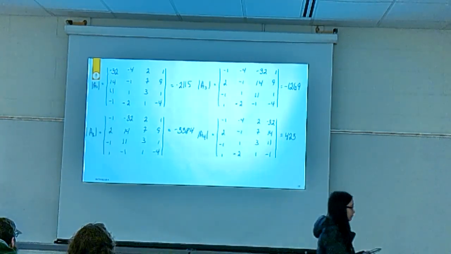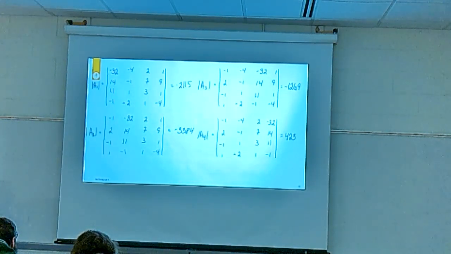But the determinant should definitely be negative 3384. So I have no idea where that 3351 is coming from.